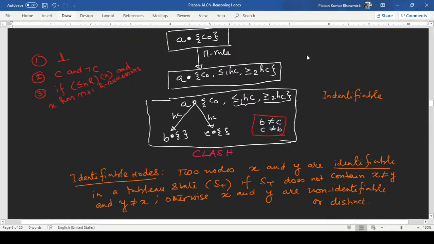An r successor is basically, if you have a node x which has got a successor, say y, having relation r.